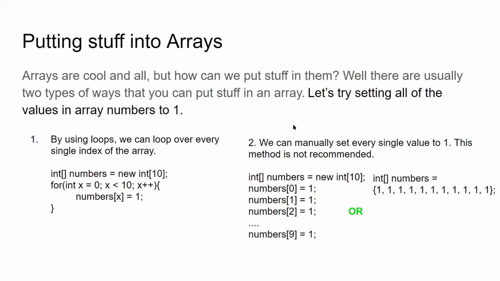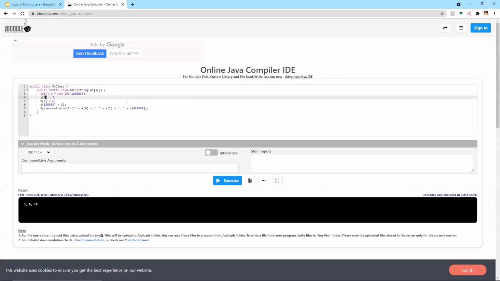So instead, we can also use loops. Remember how in order to reference the array, we use x of 0 or x of 1, right? The 0th index, the first index, and the 999,999th index of the array. Well, we can actually put variables in here too. There's nothing stopping us.